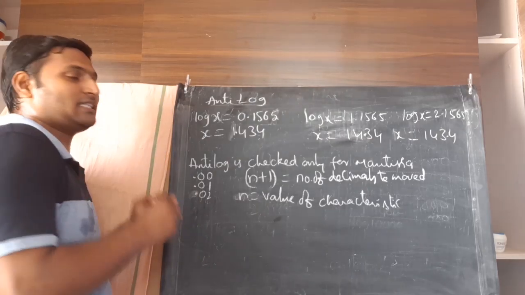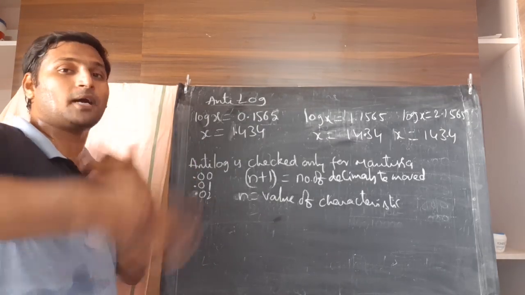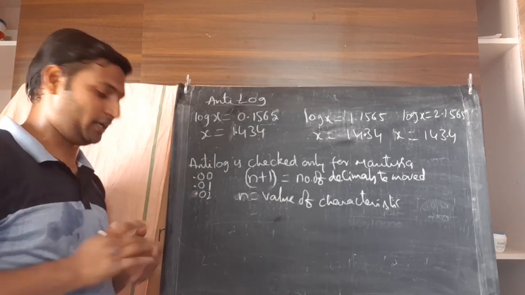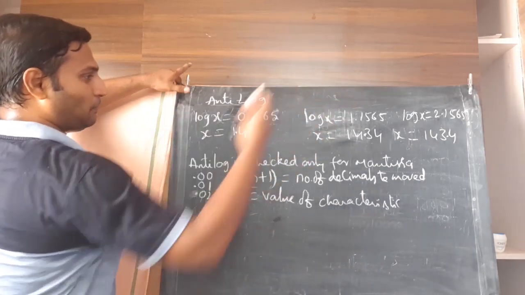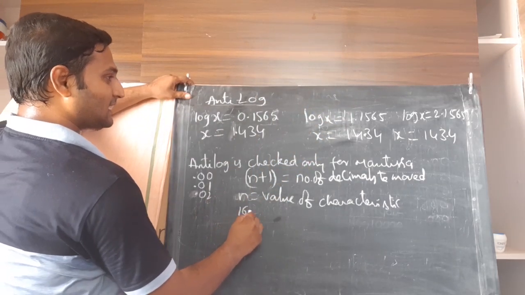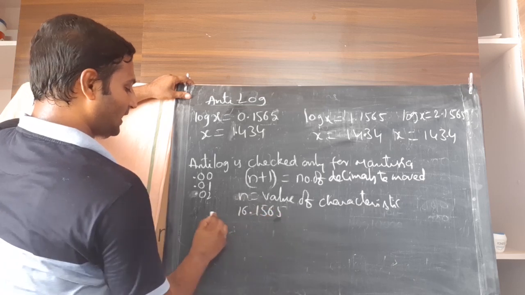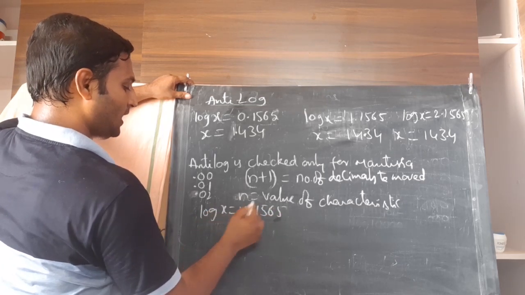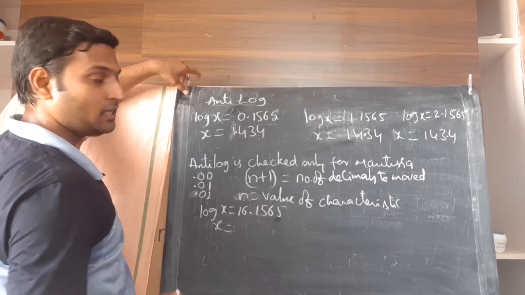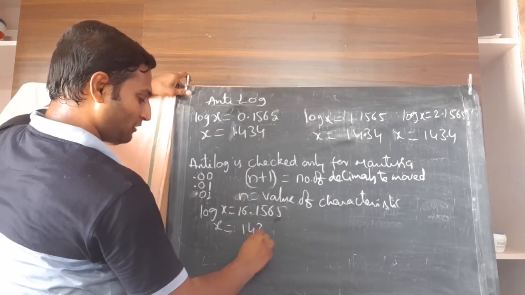Now I'll give you a simple trick, if things become more and more complicated. For example, suppose I had 16.1565 as the log x value and I want to find x. I will get 1434.